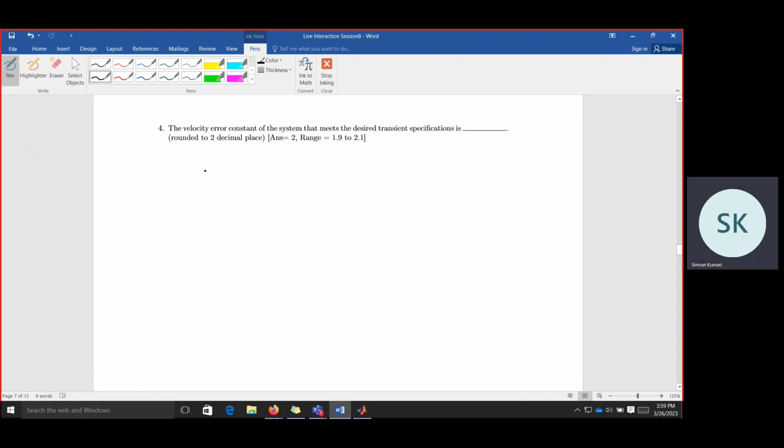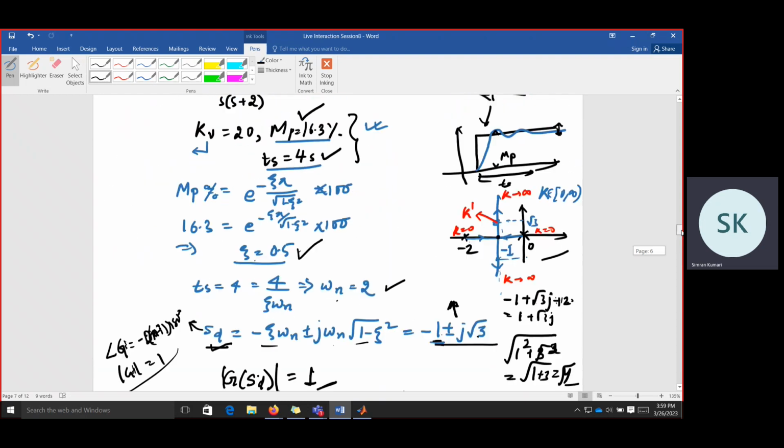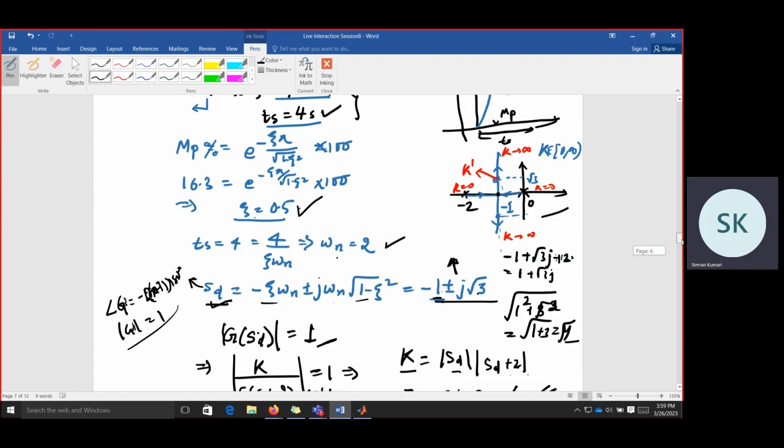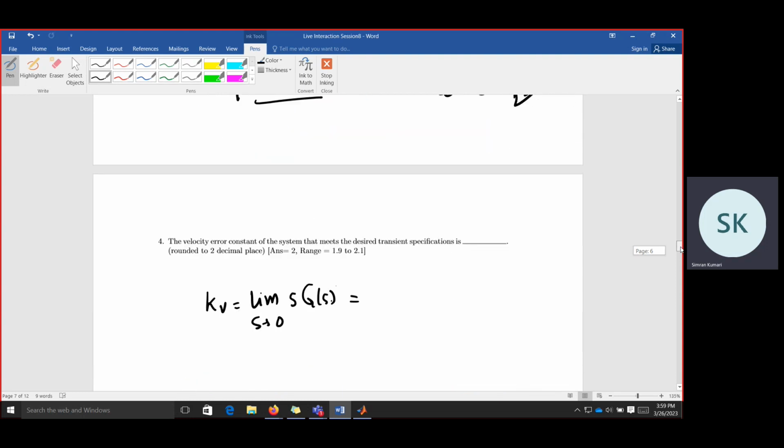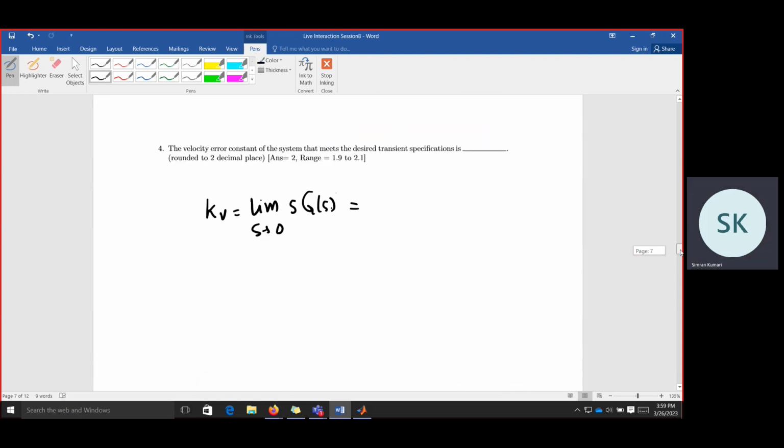So we know that for the velocity error constant, we have this formula kV equal to limit s tends to 0 of s Gs, where Gs is the forward loop transfer function. So for the closed loop system, we have found the forward loop transfer function which is 4 by s plus 2. So we have the transient response satisfied, and we are applying this simply.